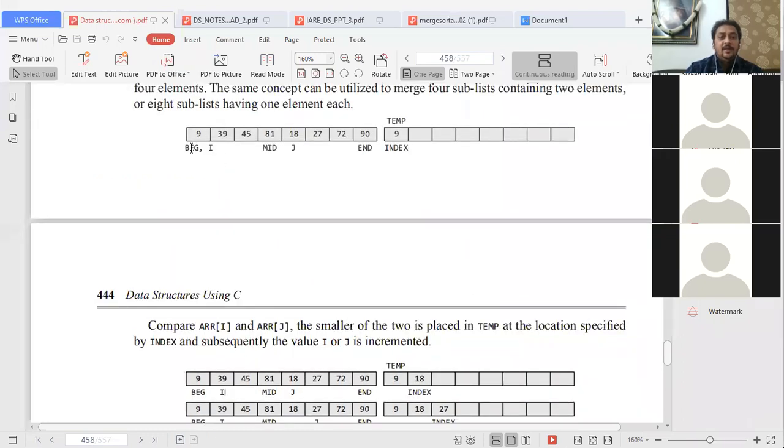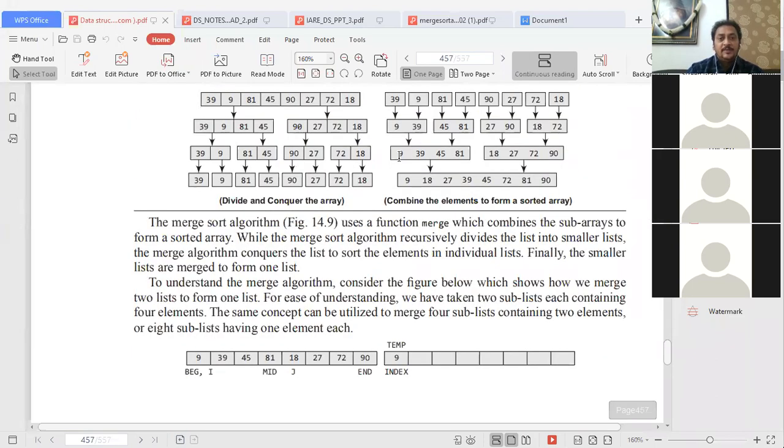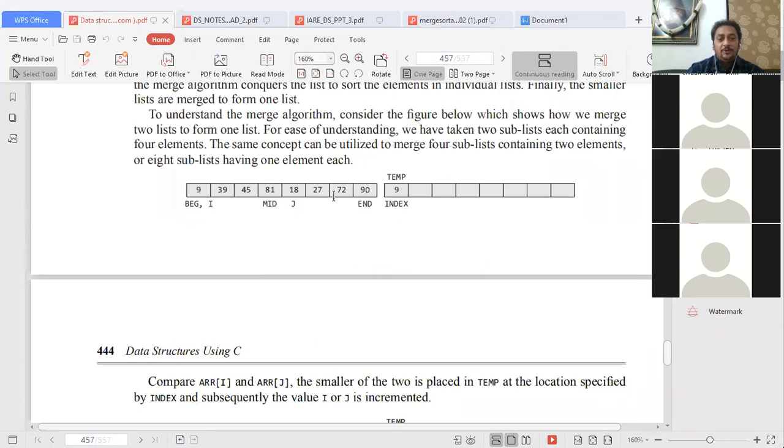Initially there are 3 pointers we are supposed to use. How to arrive at this particular array? This array contains the first 4 elements as the sorted subarray A1 and the second 4 elements as the sorted subarray A2, but the whole array is not sorted.